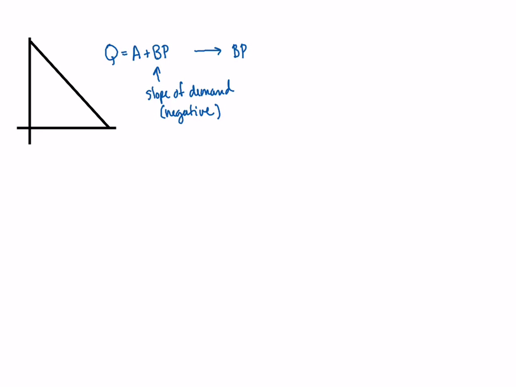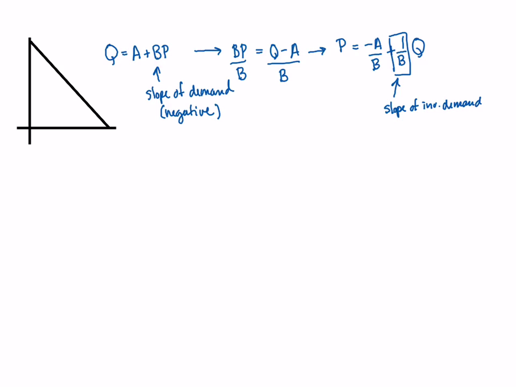So we have BP is equal to Q minus A, and then we can divide both sides by B, and rearrange to get that price is equal to negative A over B plus 1 over B times Q. This 1 over B is the slope of the inverse demand curve, and this term here is the intercept of the inverse demand curve.